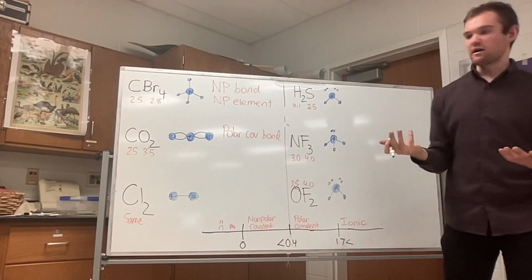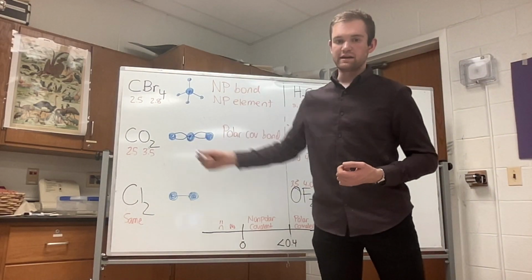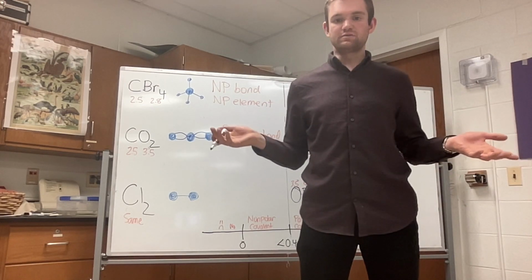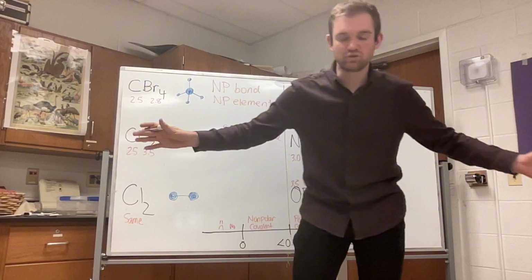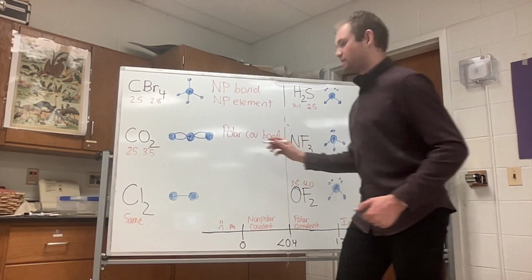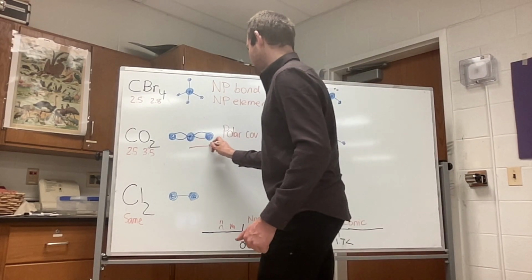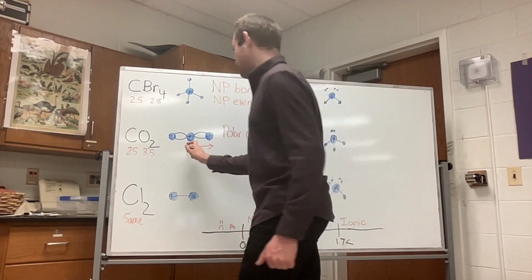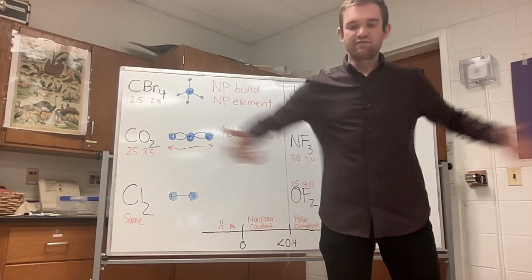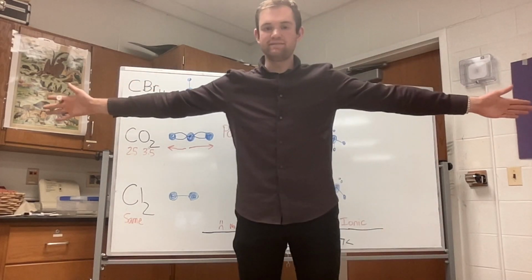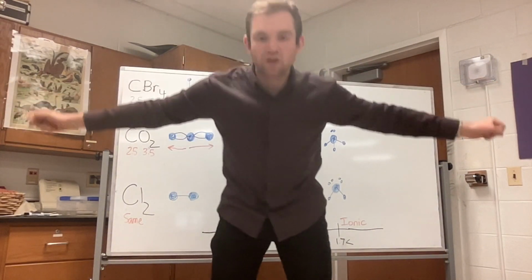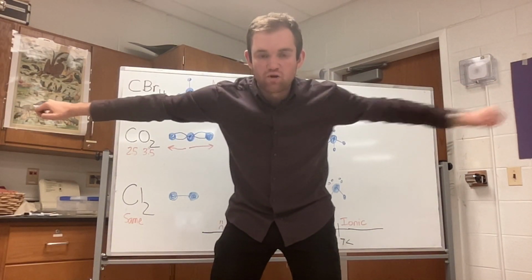But here's the problem, right? If I have a center atom like this and I'm symmetrical, and I have electrons in the bond, well, I don't know which one to go to, right? I have two arrows, and the arrows point towards the more electronegative one. So I have one arrow going towards this oxygen, and another arrow going towards that oxygen. Well, if I'm an electron and I'm a puppet, being dragged this way and this way, think tug of war, being pulled by the same force in two directions.